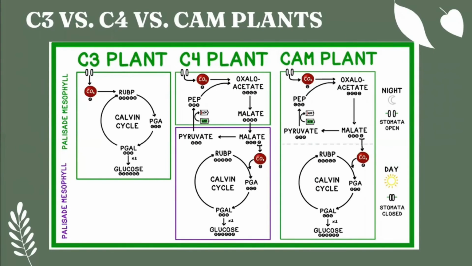In terms of their pathways, C3 does not have the abundance of PEP carboxylase and bundle sheath cells to avoid photorespiration like C4 and CAM plants. Also, unlike C4 and CAM plants that have 2 steps in their pathways, C3 plants have only a 1-step pathway.